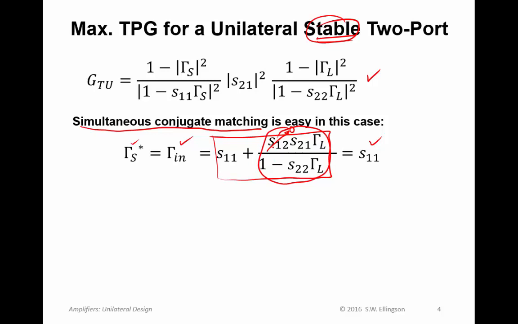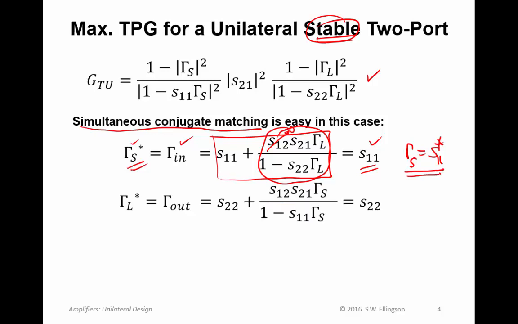So summarizing, the conjugate of the source reflection coefficient is going to be S11, or said differently, gamma sub S equals S11 conjugate. Similarly, the conjugate of the load reflection coefficient is just the output embedded reflection coefficient, and that's given by this expression.